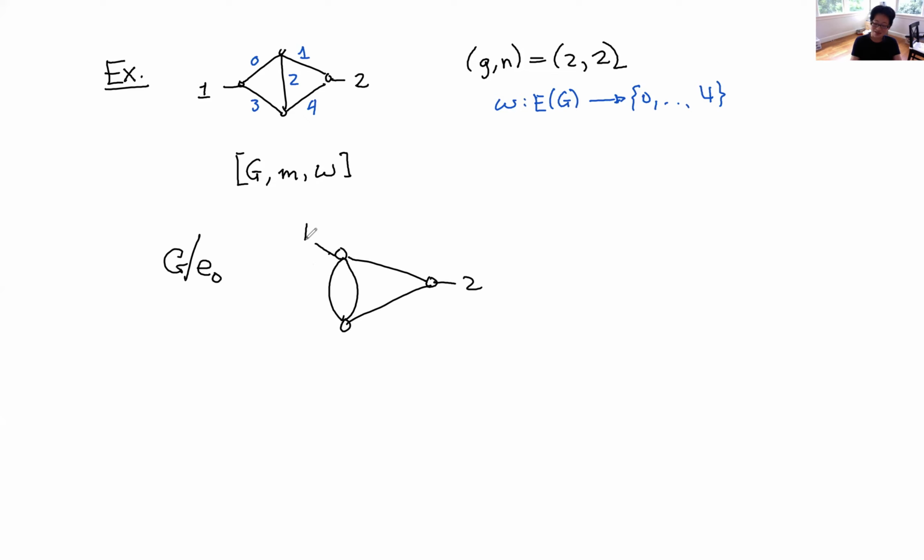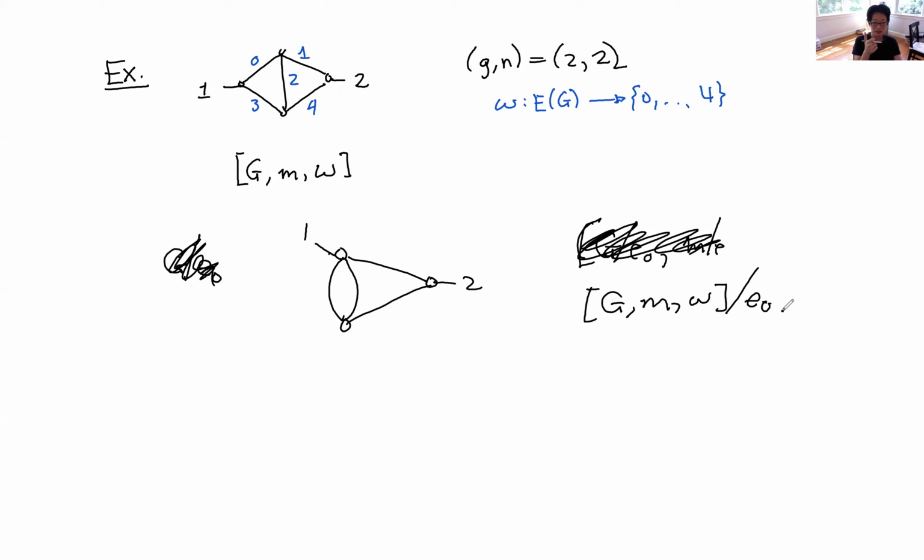I'm defining a new triple, graph, marking function, ordering, obtained by contracting E naught.